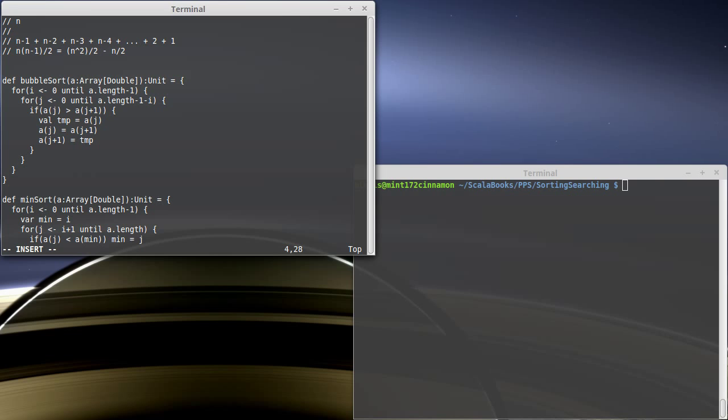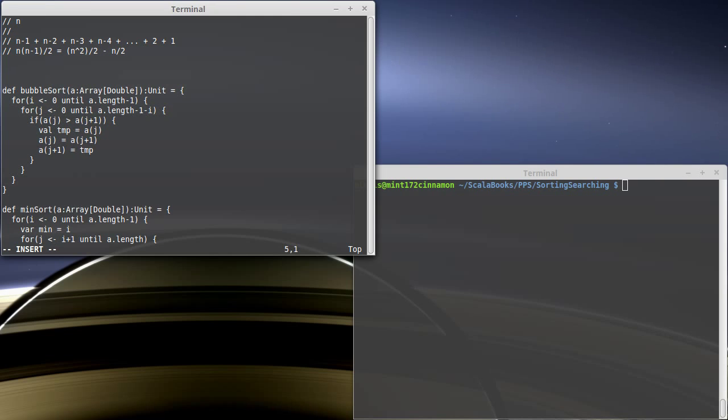When we talk about the order of this, what we typically do is throw away everything but the largest term. In fact, we even throw out constants, because we care about how things scale. So it turns out that bubble sort does comparisons in a way that we refer to as order n squared. The number of comparisons grows with the size of our array squared. That's determined by this first term.